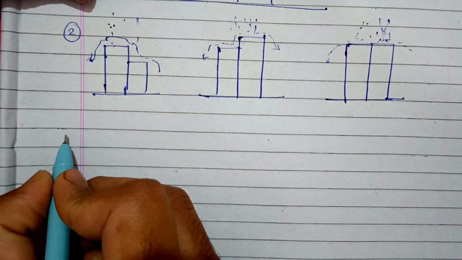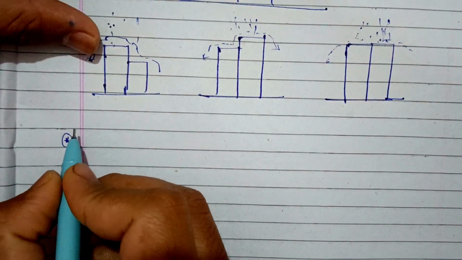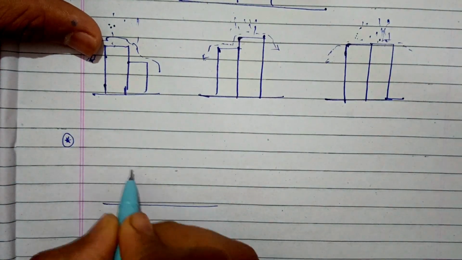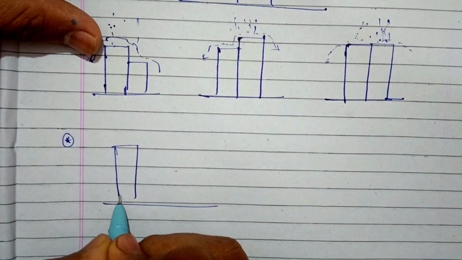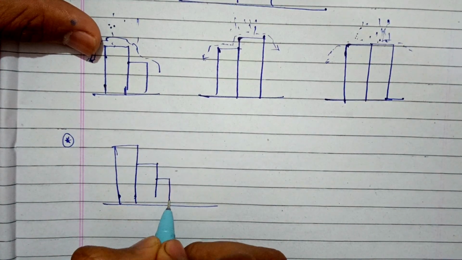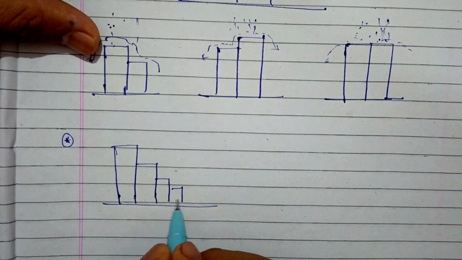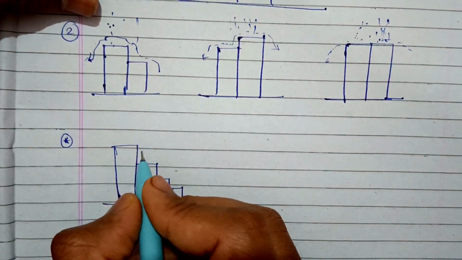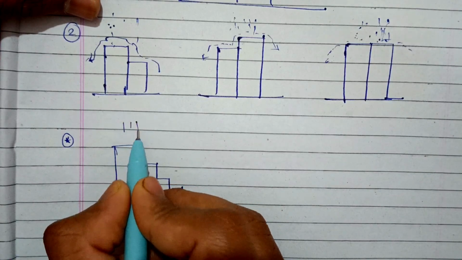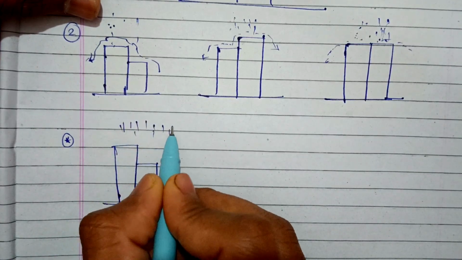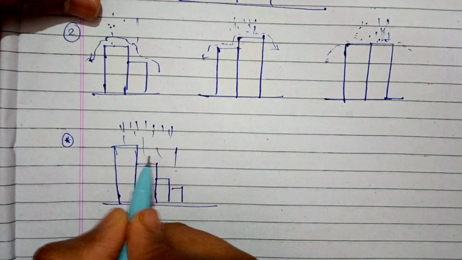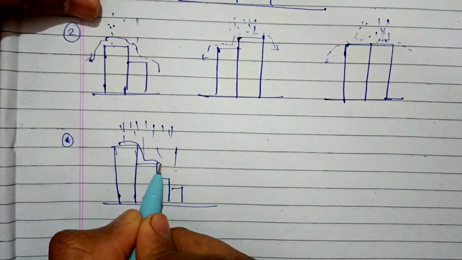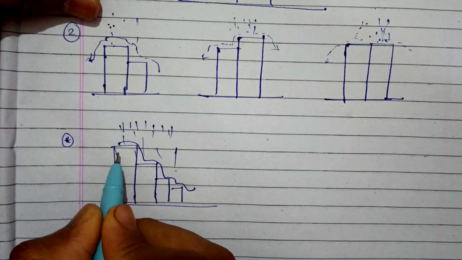Let's take an example. Suppose the bars are in ascending or descending order. I have drawn descending bars. Will water trap on this? No, because if the water falls on these bars, the water will spill outside here and will not be trapped.